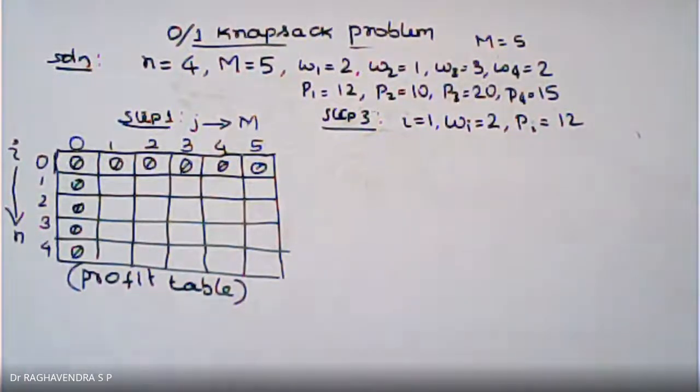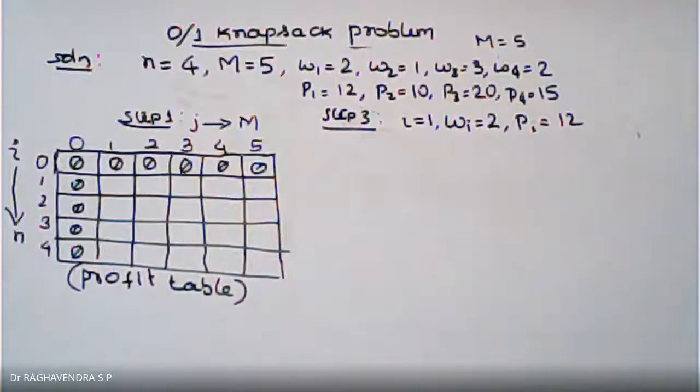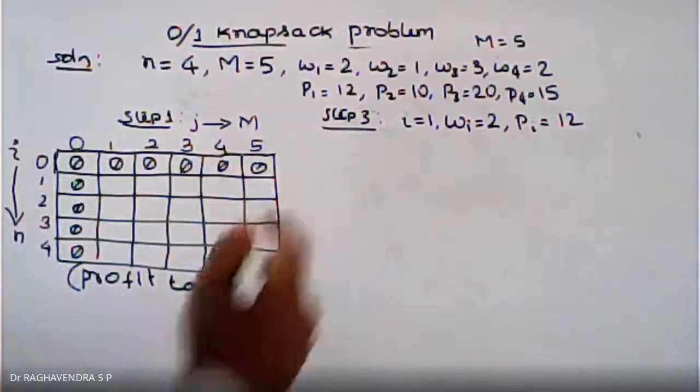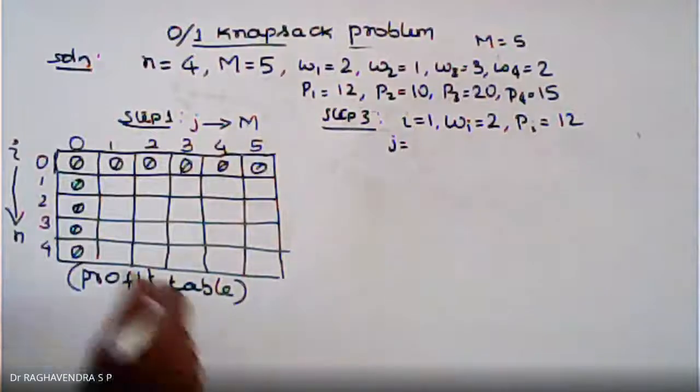We have to compute the results for various values of j. We have already found j equal to 0.